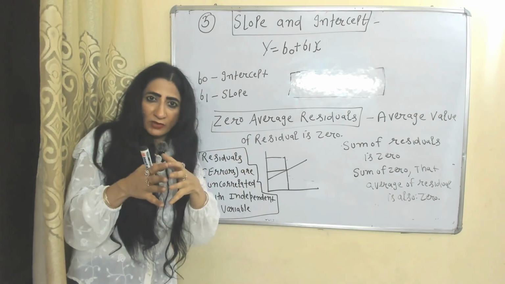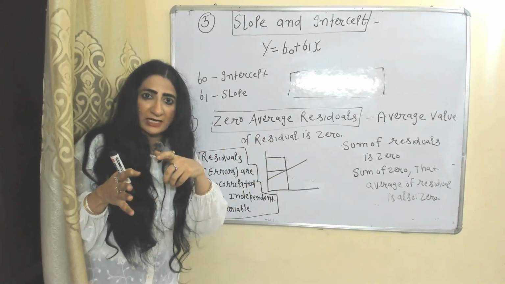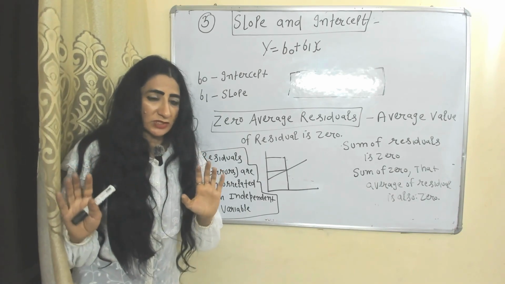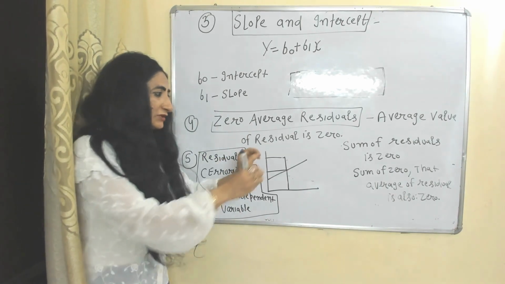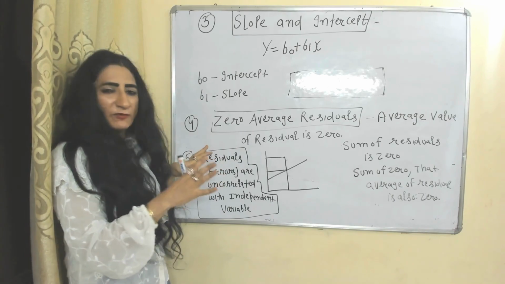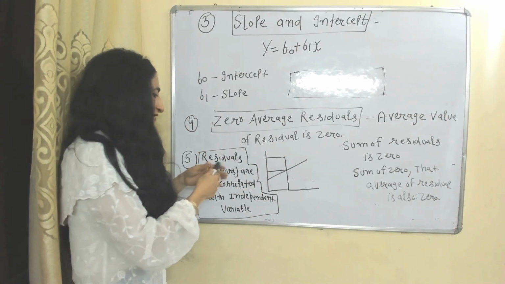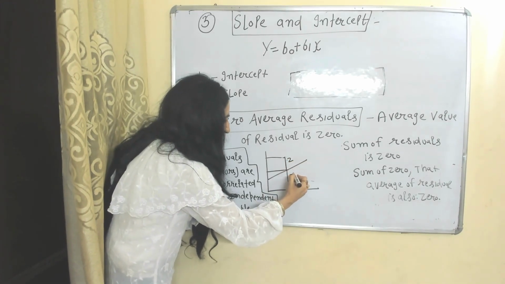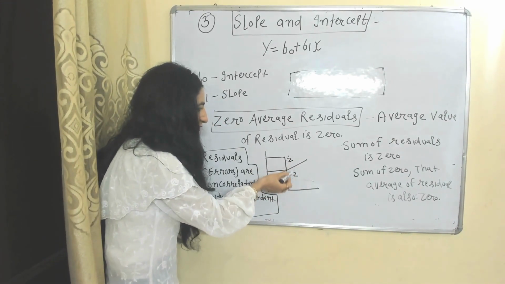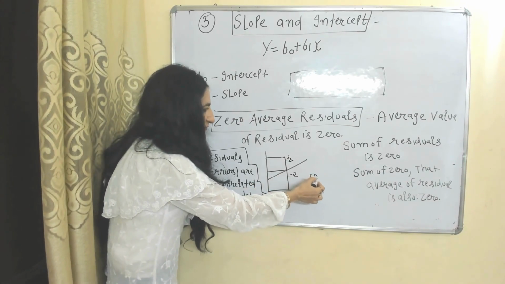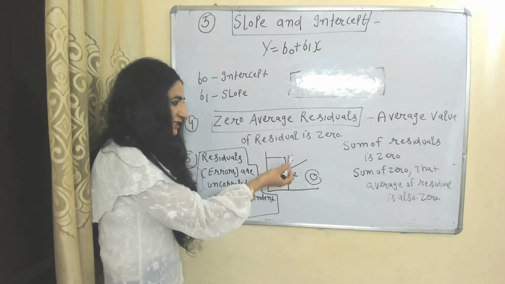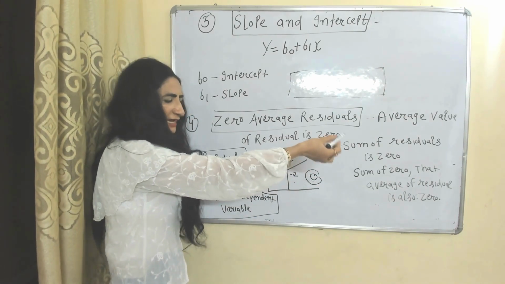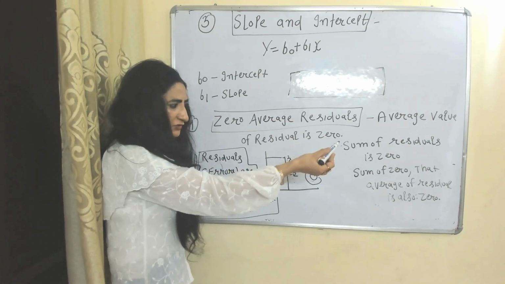When you sum both the errors above the line and below the line, this sum becomes equal to 0. If the sum becomes equal to 0, that means the average value of residuals is 0. For example, this error is plus 2 and this error is minus 2. When you sum these two errors, it will become equal to 0. If the sum is 0, that means the average value of errors, or you can say the average value of residuals, is also 0.